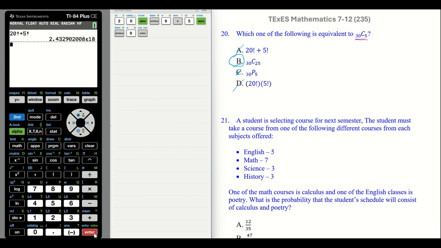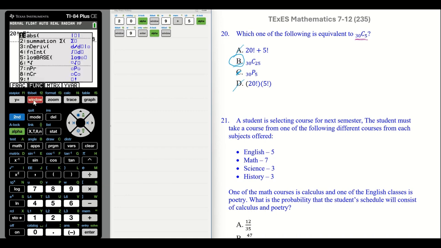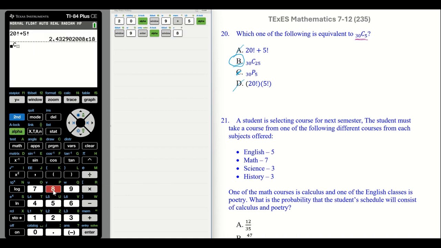Okay, well, let's put in our comparison. I didn't put in the comparison. Let's see. Alpha, window, 8, and 30, arrow over, and they asked for 5, enter.